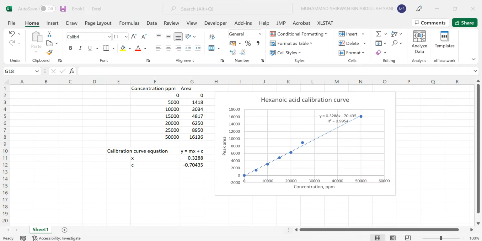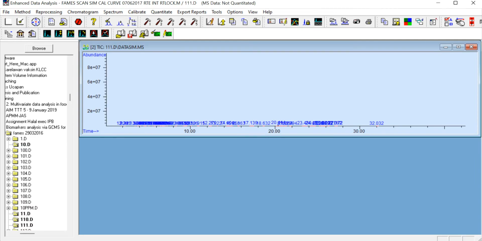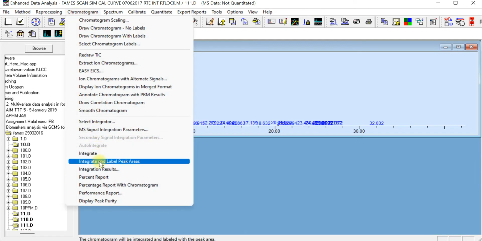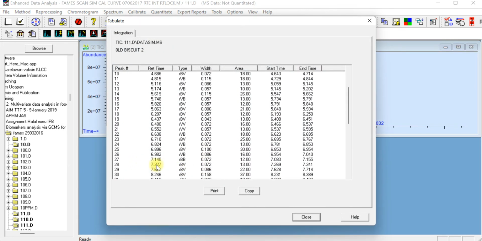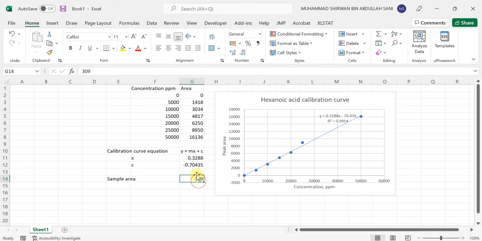So you can put the sample area here, which is 309. It is actually very low compared to this 5,000, but it's okay. We just want to know how to calculate this.